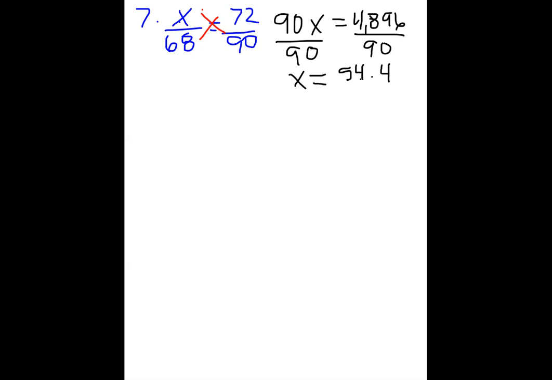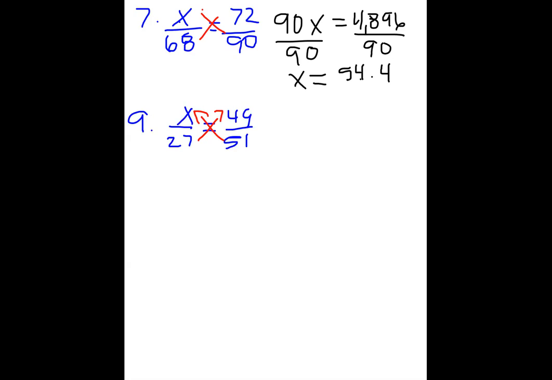Number 9. X over 27 is equal to 49 over 51. So we're going to cross multiply, or multiply the means times the extremes.